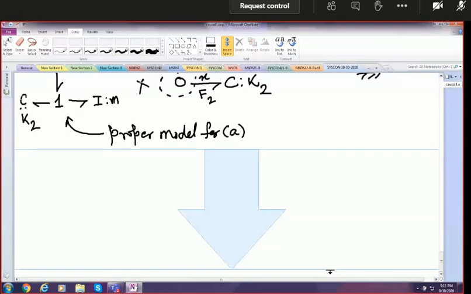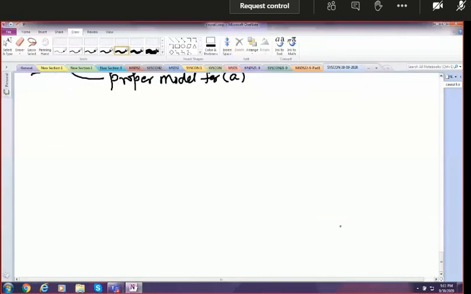I think there is a little bit of confusion regarding power direction from your question, so let me quickly show what it is. Let's say we have a mass M and a spring, what is the model? 1, I, C, that's it.